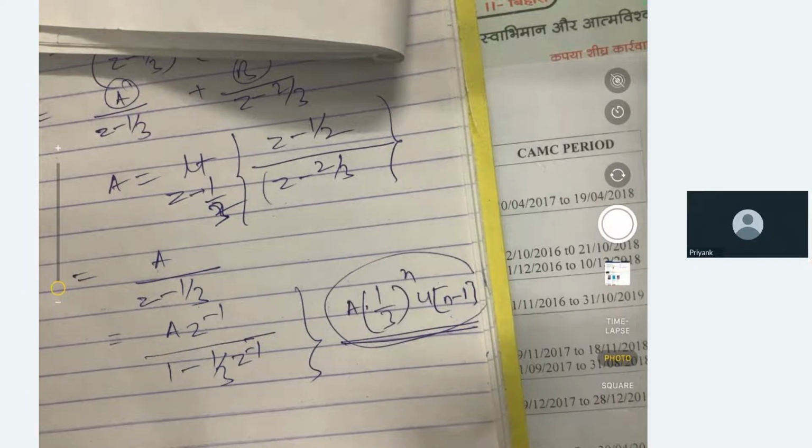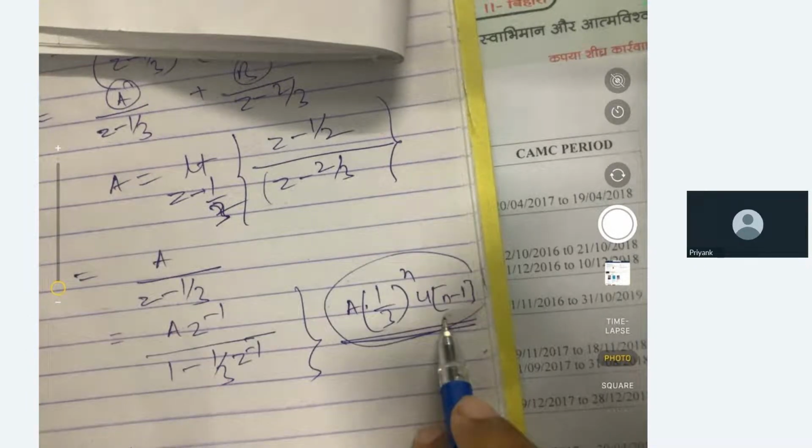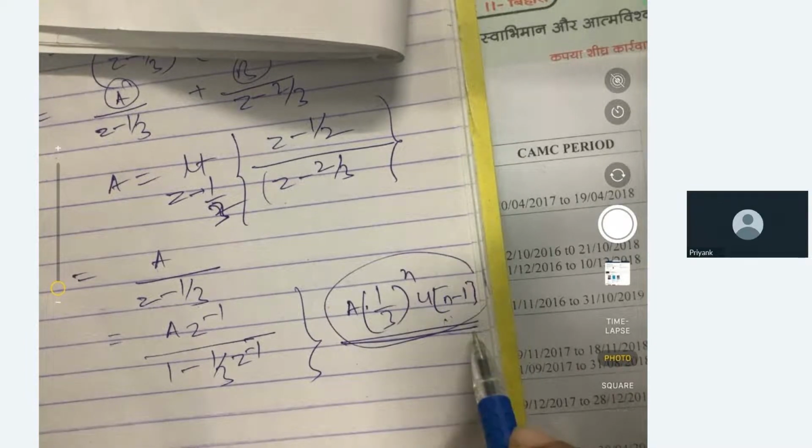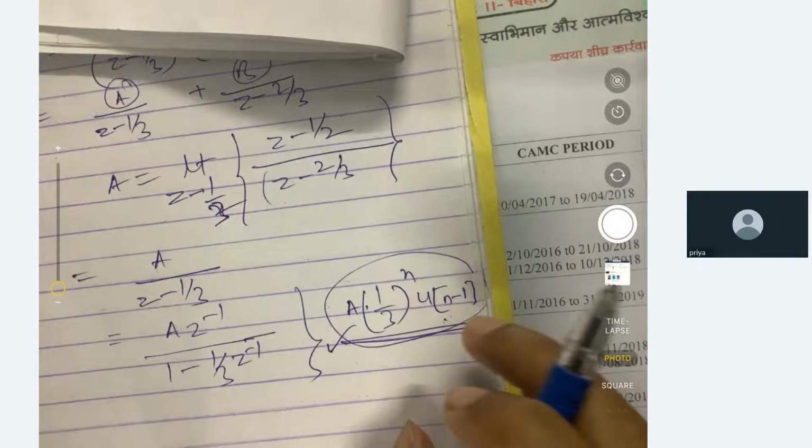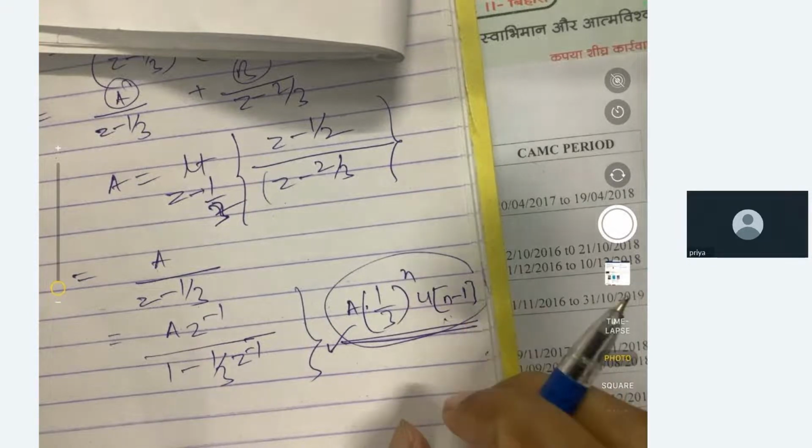We are having this thing: impulse response, we are having a delayed version. If you can comment on it, then it would be better. I was doubting in the actual exam how this answer will be 1 by 3 to the power n minus 1, u of n minus 1.